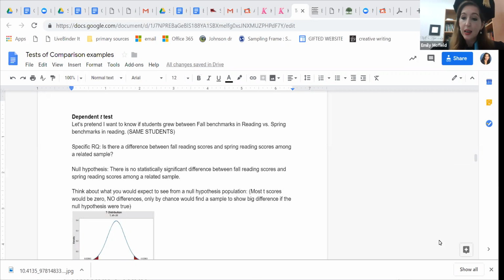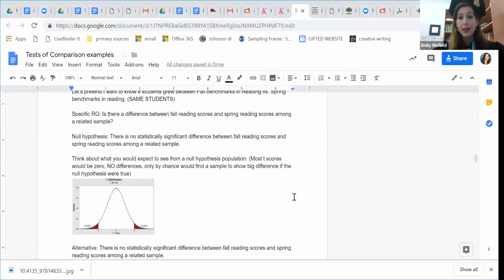When JMP does the math and the formula, it's going to churn out a T, and it's going to say if this T would be really rare to find, or if that's what we would expect from a null hypothesis population. So the null hypothesis would probably be that the T is 0. There's really no difference between time 1 and time 2.